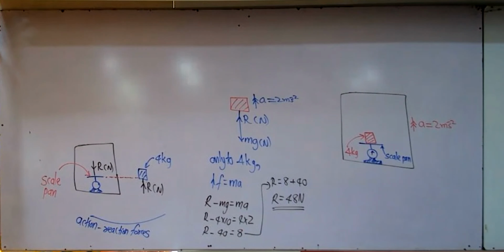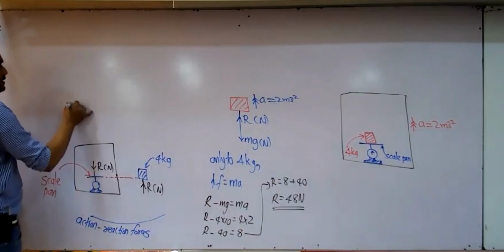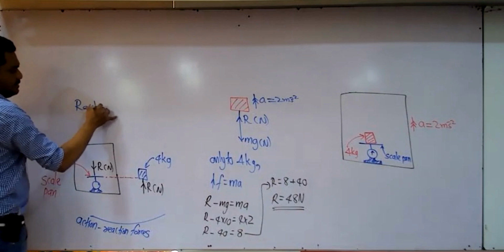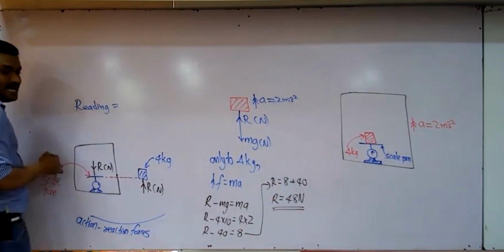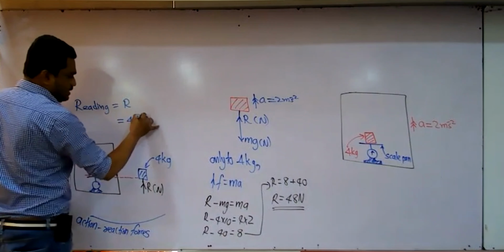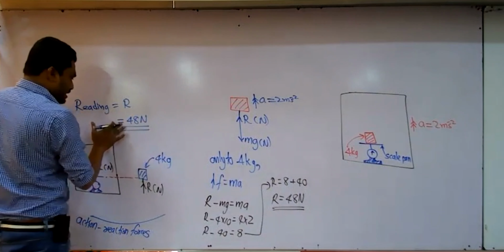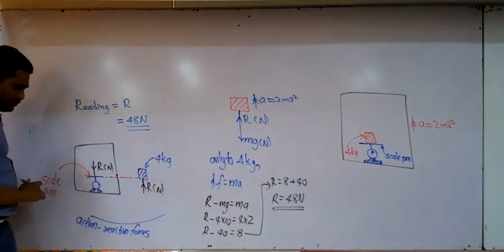Okay, dear. So this is the reading of the scale. The reading is the force acting on the scale pan, that is R. We have found R as 48 Newton. So the reading of the scale is 48 Newton. That's it.